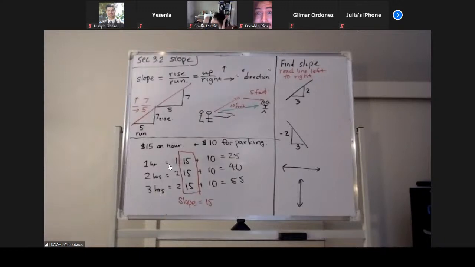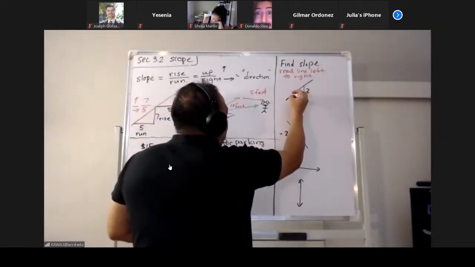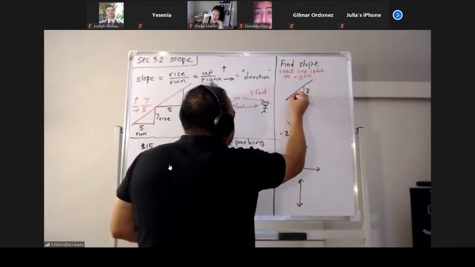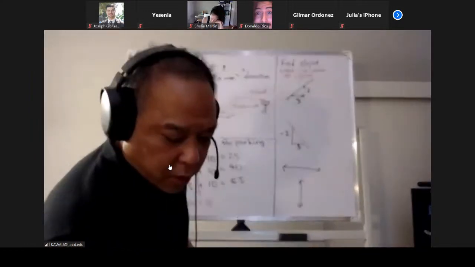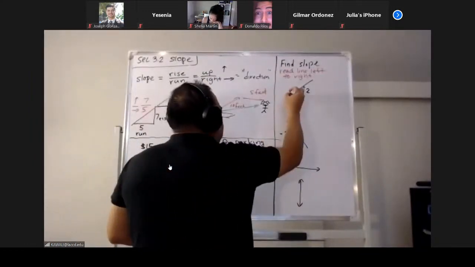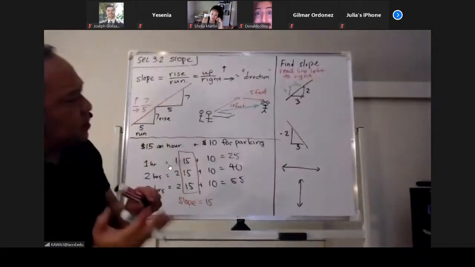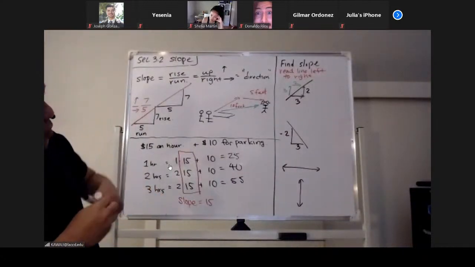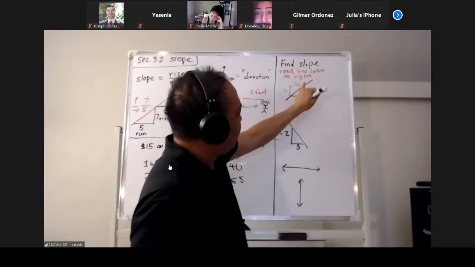Okay. Now, we always go left to right. So you can either go this direction, or you can go this direction. It doesn't matter whether I go right first or I go up first.